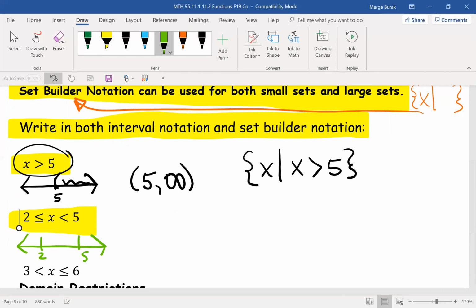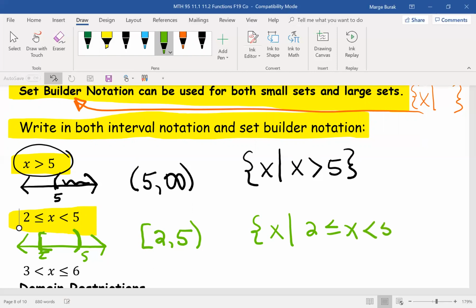Now, greater than or equal to means I want the bracket, and less than means I want the parenthesis. I just copy what's on my graph, and that's interval notation. And then this set builder, all x such that, and then you just repeat the inequality that's right there.